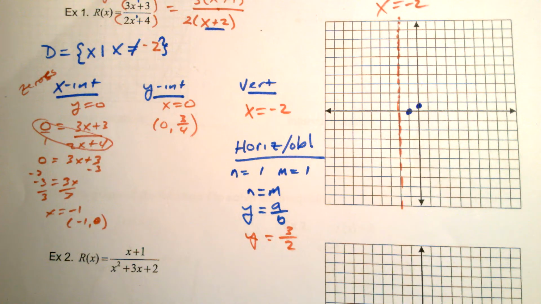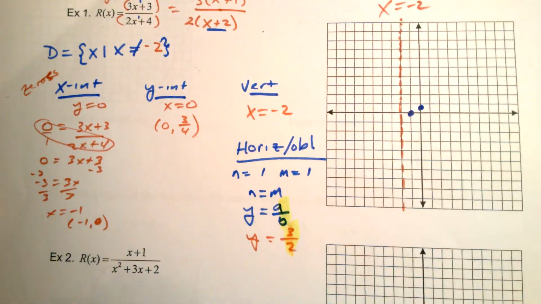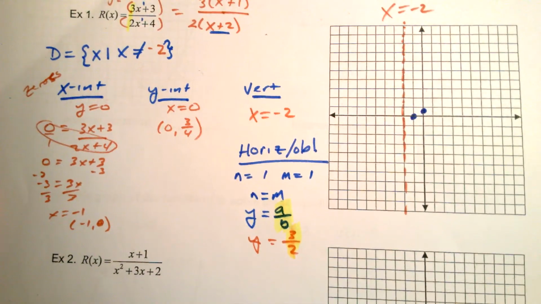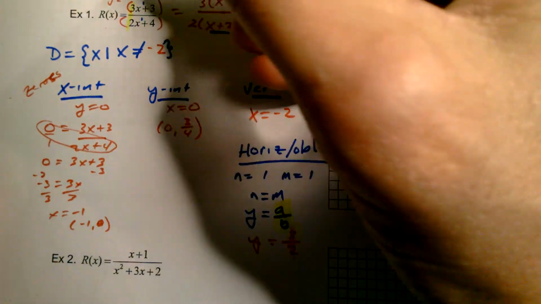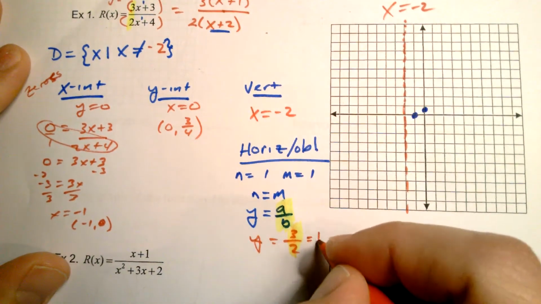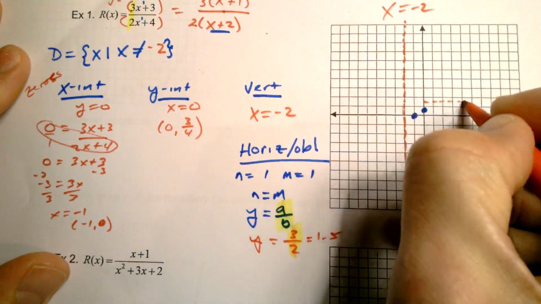I'm getting these two numbers, this a and b here, from these two guys. I'm using a highlighter, so where I'm getting this 3 and 2, it's just the leading coefficient on top over the leading coefficient on the bottom. So again, that's 1.5. So I'm going to graph 1.5. I'm going to go up 1.5 and make a little dashed line here.